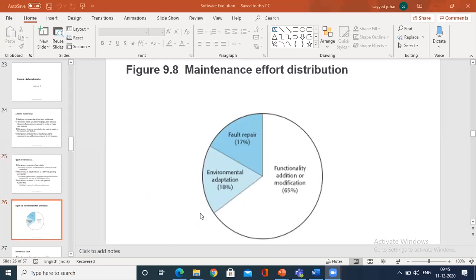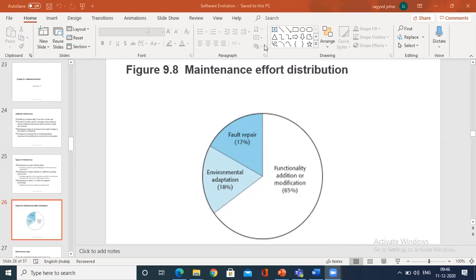So this diagram is one of the diagrams to represent the maintenance distribution. Actually this diagram shows an approximate distribution of maintenance cost, how the cost is distributed.